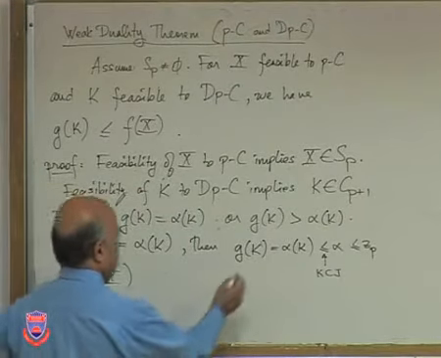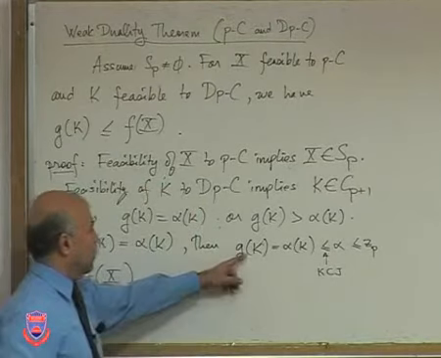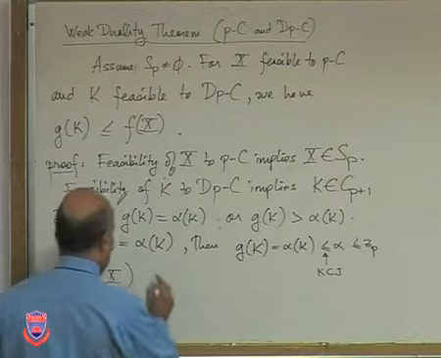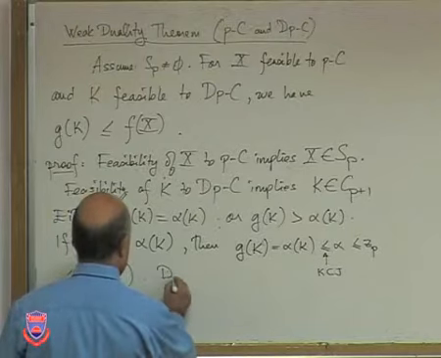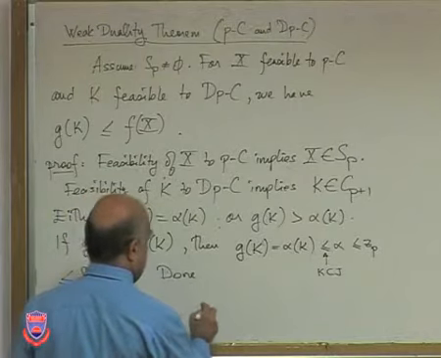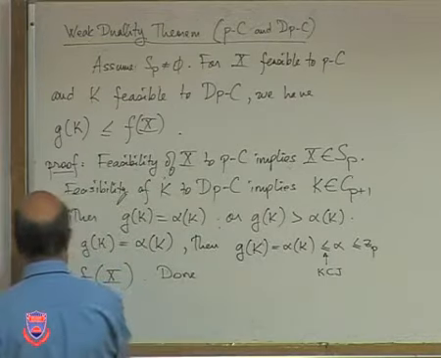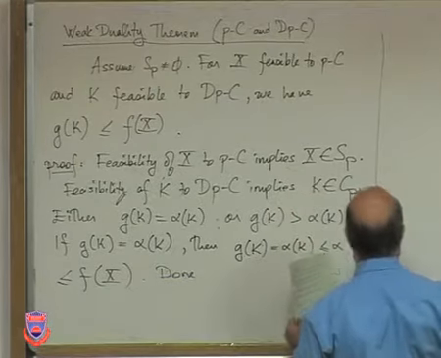So we have a series of inequalities here, and of course I already got what I wanted. G of K is less than or equal to f of x. That's what I wanted. So in this case, I'm done for this case. Let's continue with the remaining case.